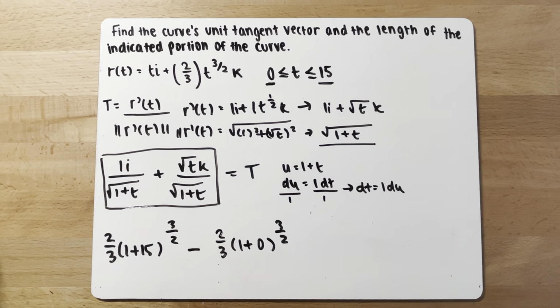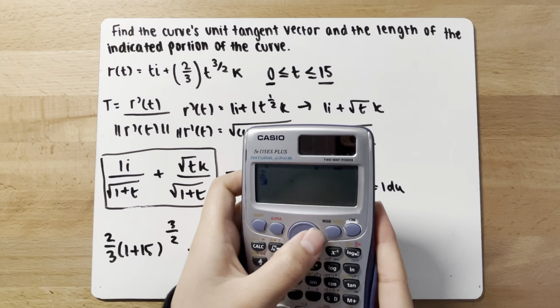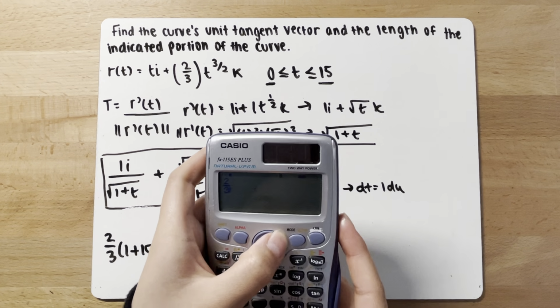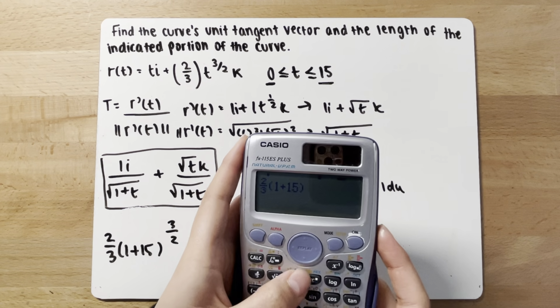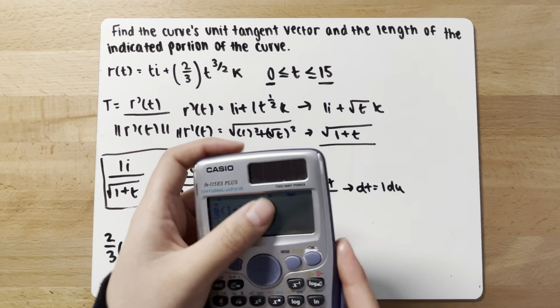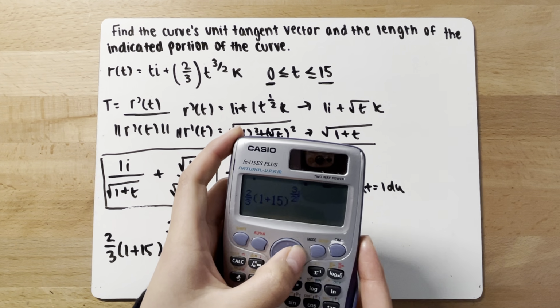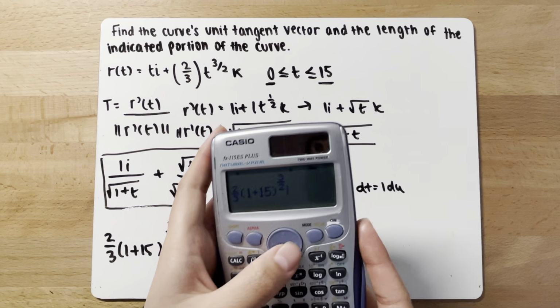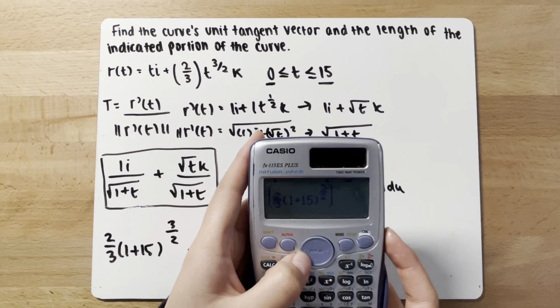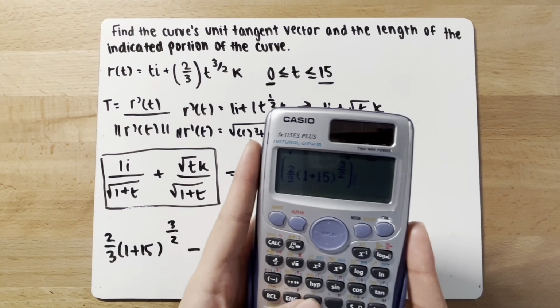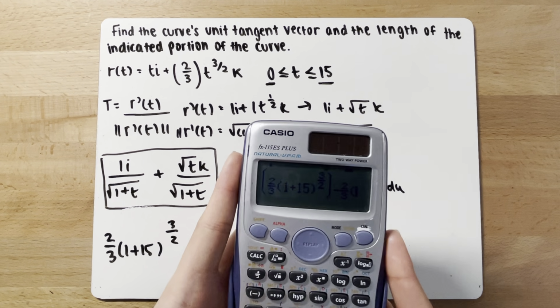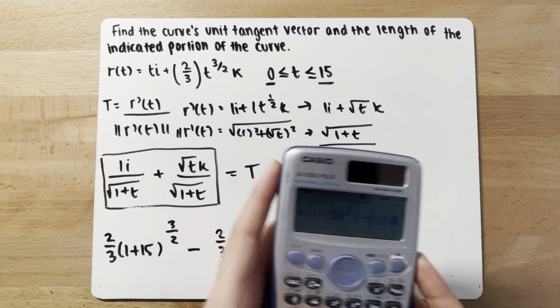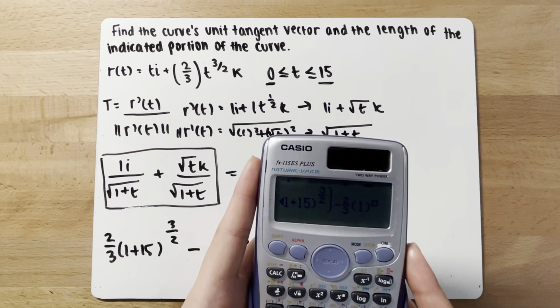And you plug that into a calculator: 2/3 times (1 plus 15)^(3/2), minus all of that, minus 2/3 times 1^(3/2).